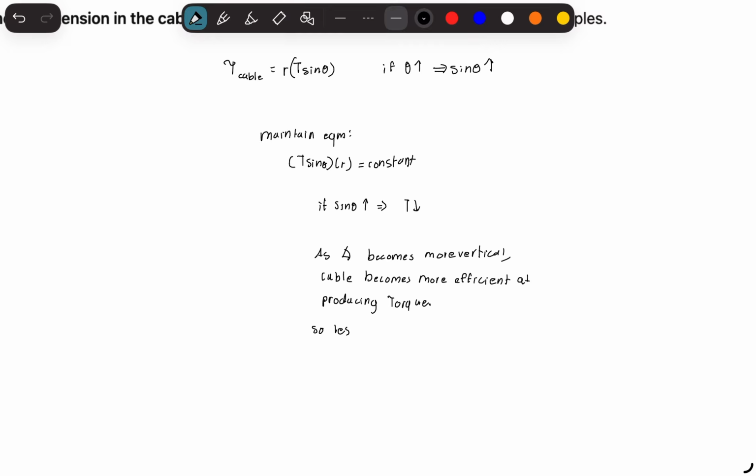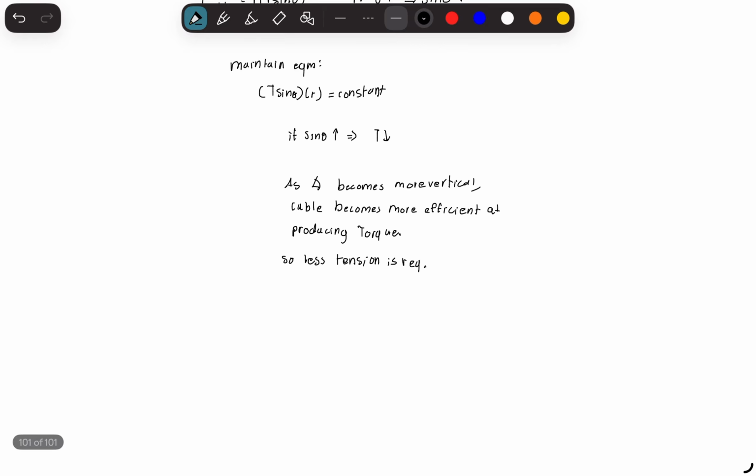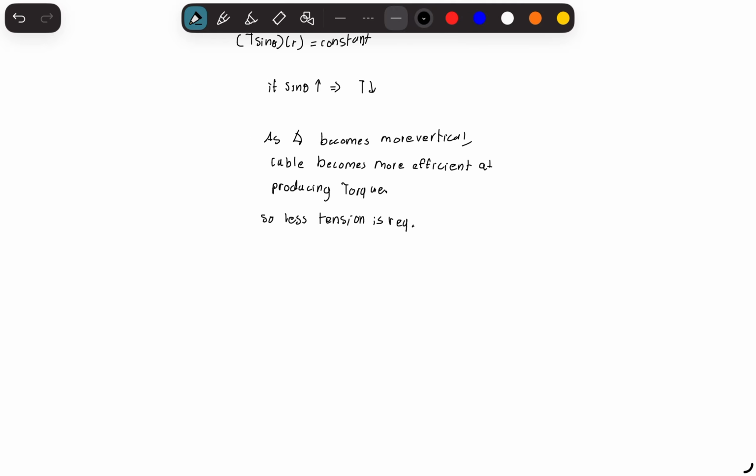So less tension is required. Your tension decreases as sine theta increases, so less force is needed to produce the same torque.